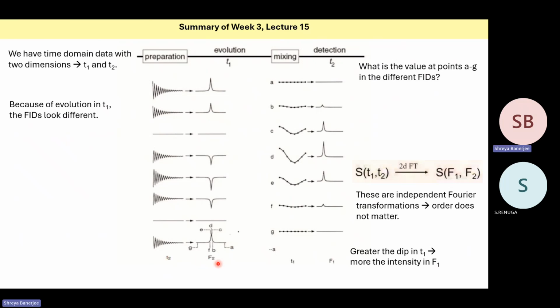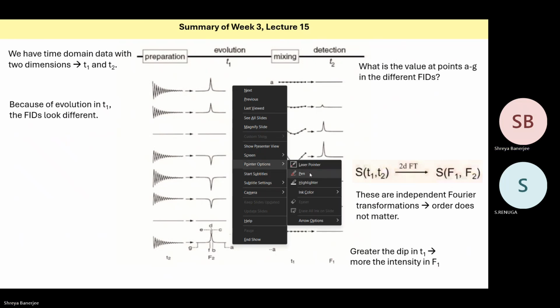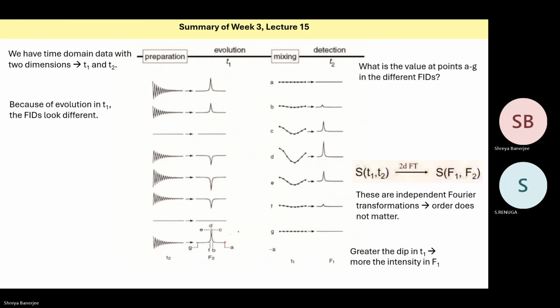Now in the F2, we can consider many different points, A, B, C, D. A is this point, B is this point. So there are different points along the spectra that we have considered. And now we will see the evolution of these points according to T1.